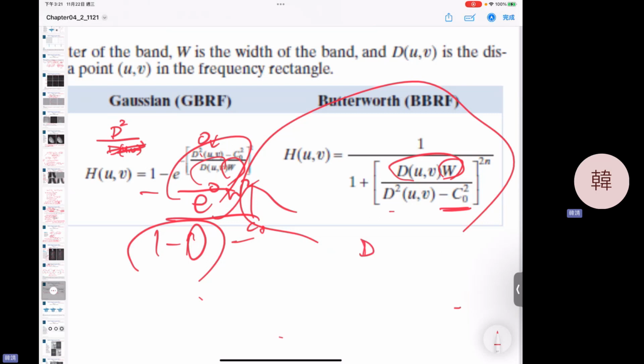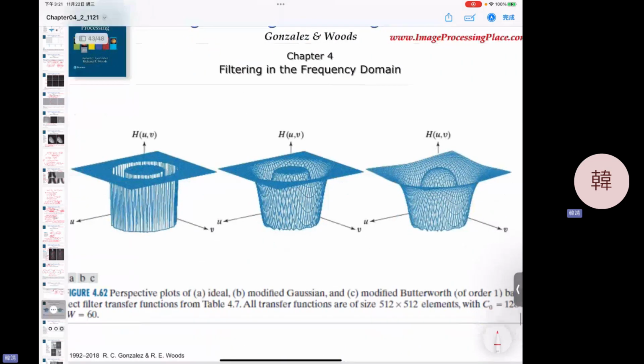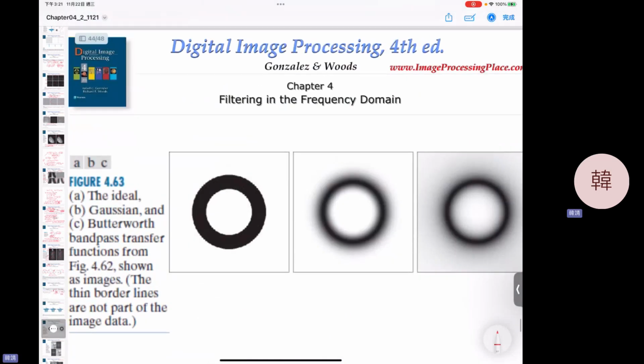So you can just apply D(u,v) as 0, D(u,v) going to infinity, and see that the Butterworth filter also changes, and it becomes a very good band reject filter as well. So you have a Gaussian and Butterworth, and it looks like this 3D profile, and also look at it as an image, and it should be something like this: the ideal, Butterworth, and Gaussian band reject filter.